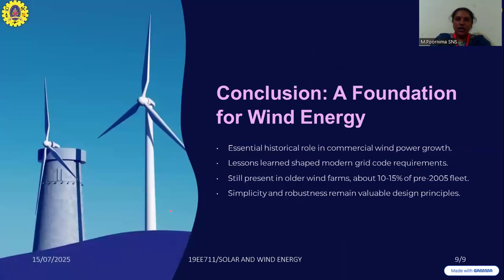Now coming to the conclusion: a foundation of wind energy. Fixed speed turbines played an essential historical role in commercial wind power growth. Lessons learned shaped modern wind connection grid code requirements. They are still present in older wind farms, about 10 to 15% of installations.